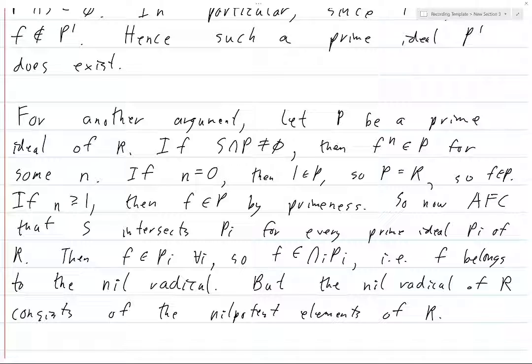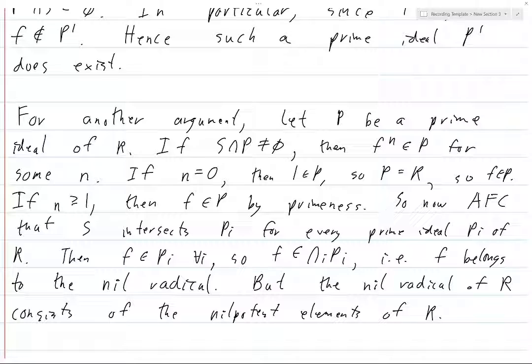And you can prove that the nil radical of a ring is the intersection of all prime ideals of the ring. I want to say that proof takes maybe 2 paragraphs, maybe a page, but it's a standard fact about the nil radical.